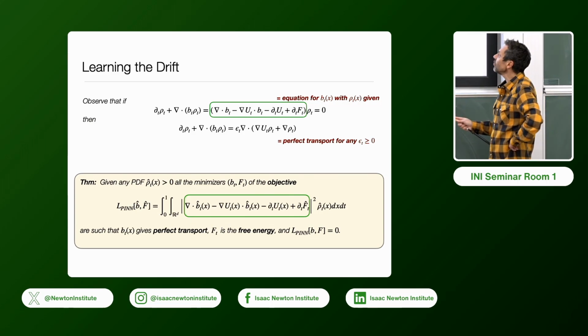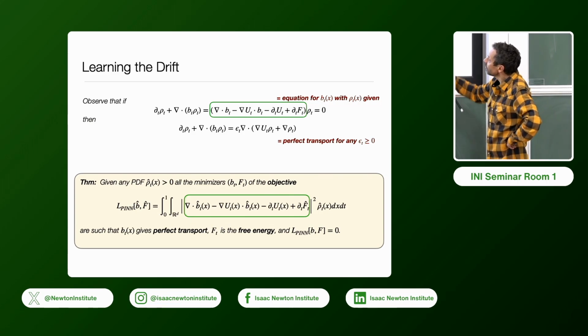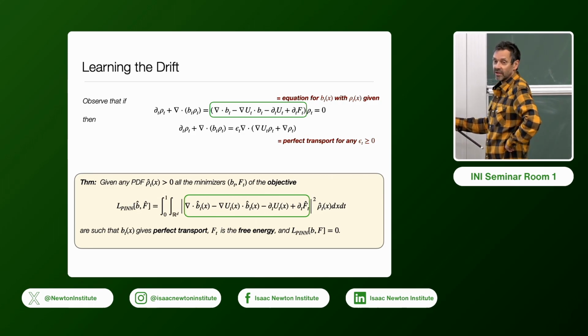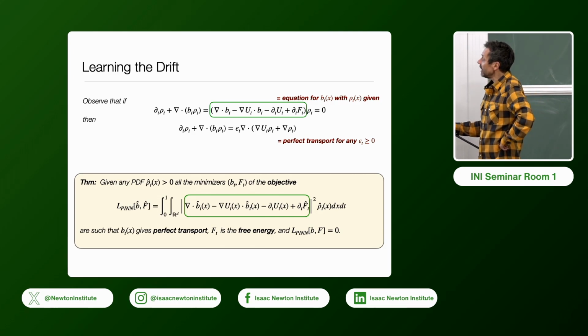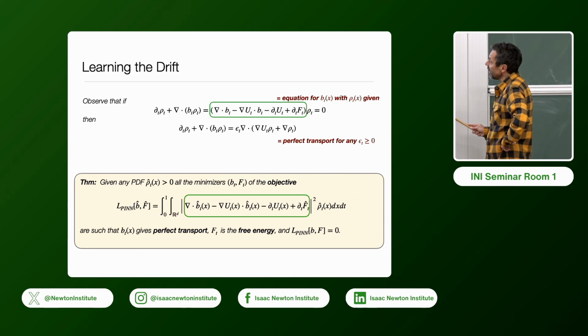Ft is the free energy. Notice that we don't know F, but you can actually include it in the objective, it's a Lagrange multiplier for the normalization. You can learn it as well if you do this. And for any one of these minimizers, you have that the loss is equal to 0.